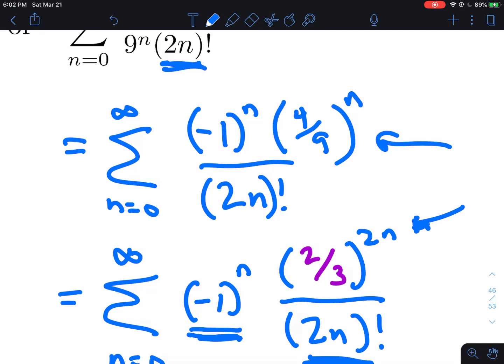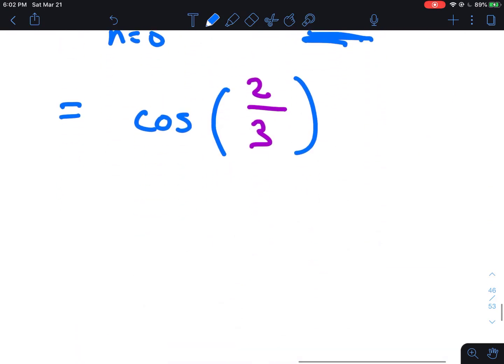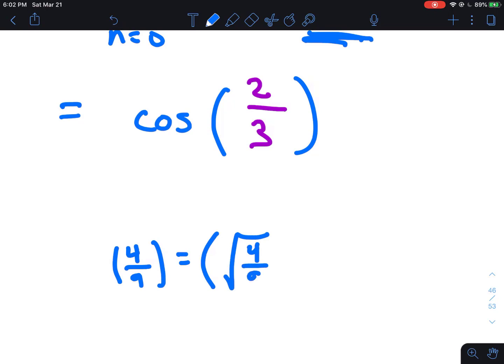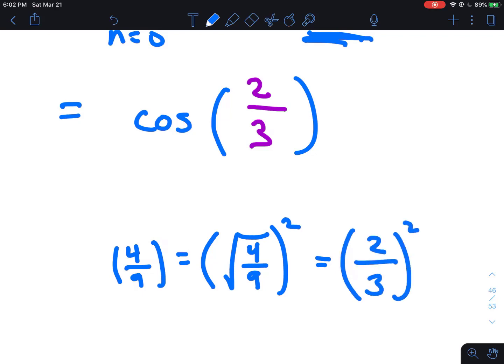And so you do a little bit of a trick here, right? You say that 4/9 is going to be the same thing as if I took the square root of 4/9 and squared it. So the square root of 4 is 2, and the square root of 9 is 3, and now we can square that.